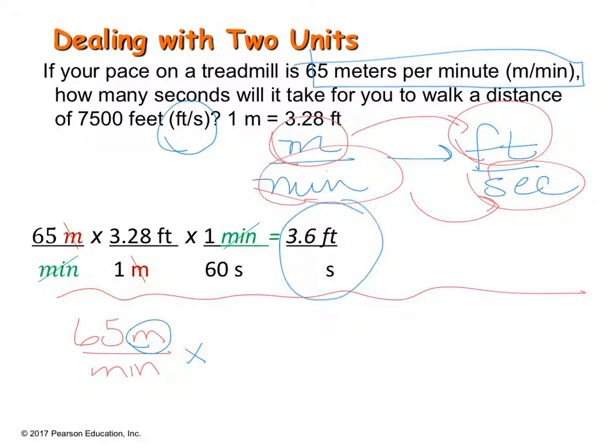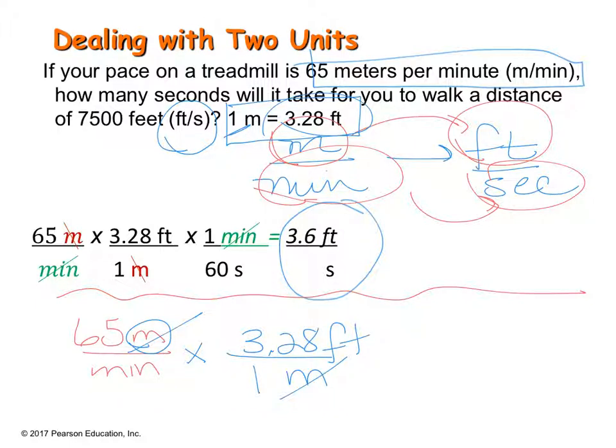I know that the conversion factor for meters to feet was given to me, and I also know that meters has to be the units in the denominator of my conversion factor, so there's a 1 in front of meter, and then on top 3.28 feet. I'm going to go ahead and cancel out my meters.